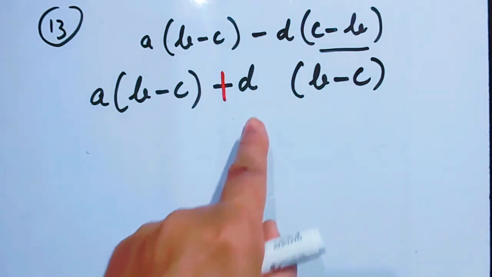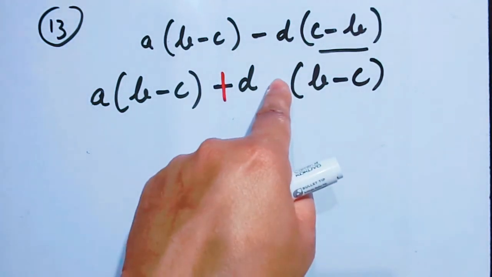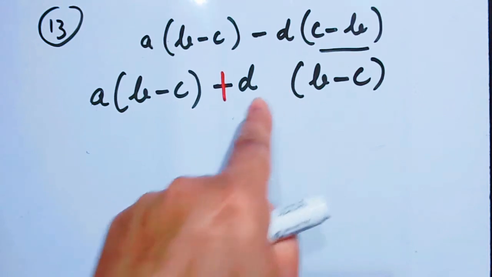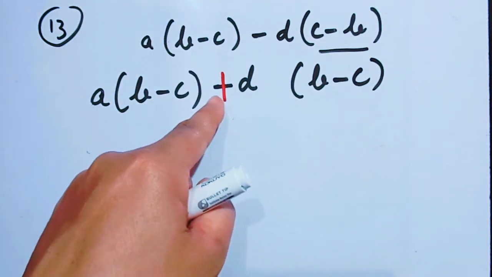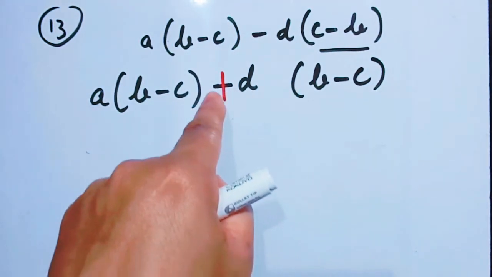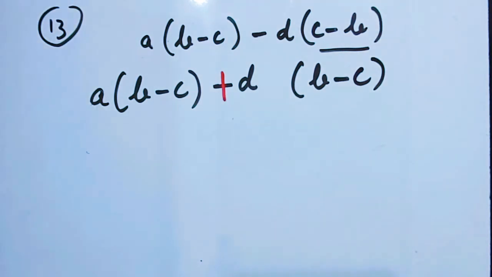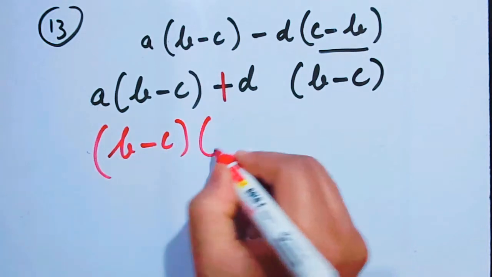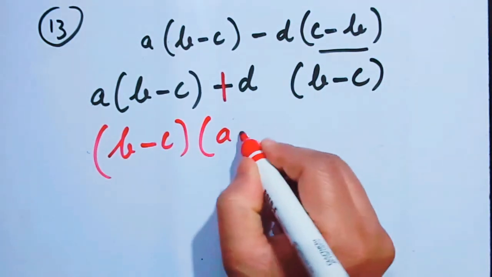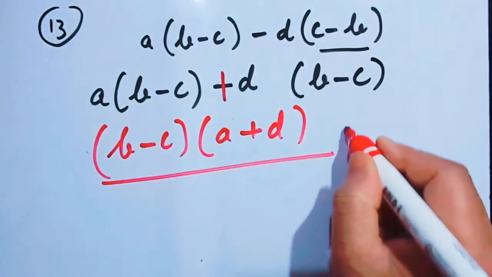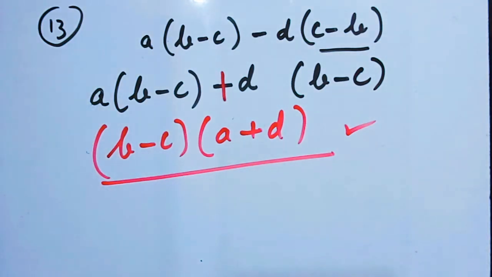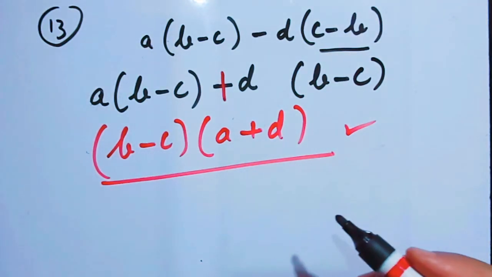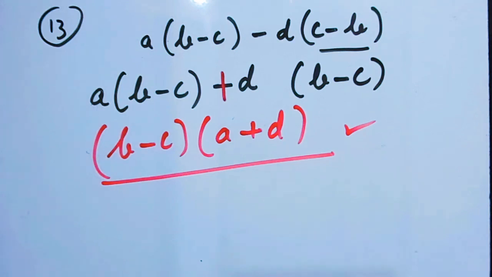Isn't it? Once again, when I take minus sign over here, this minus sign and this minus sign which was already over there will get multiplied together and you will get a plus d over there. Isn't it? Now b minus c, on taking out common, you will get b minus c times a plus d. So this is the best way in which this problem can be solved. Otherwise again we would have got confused.